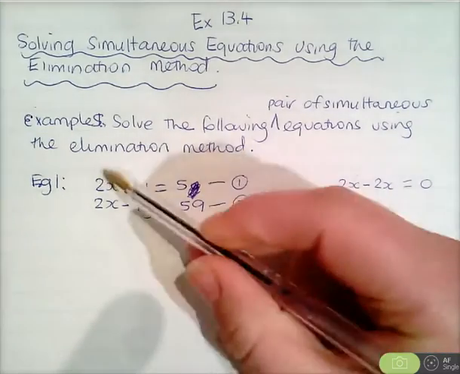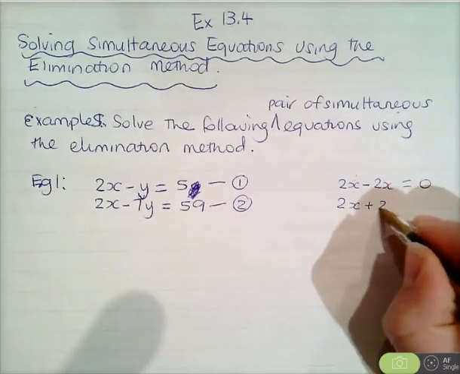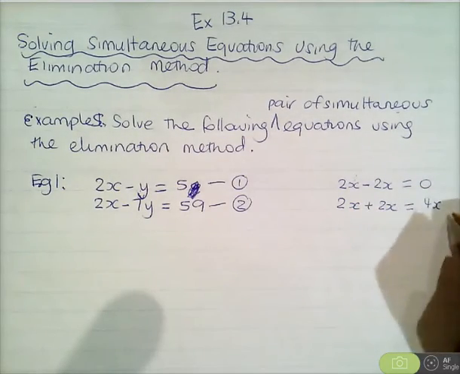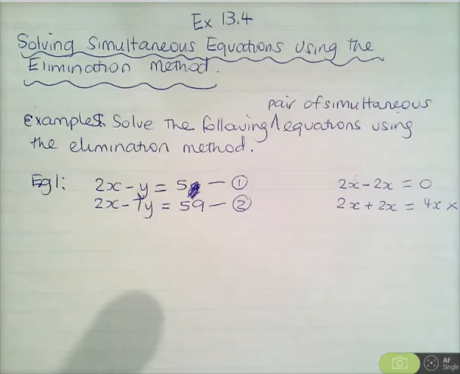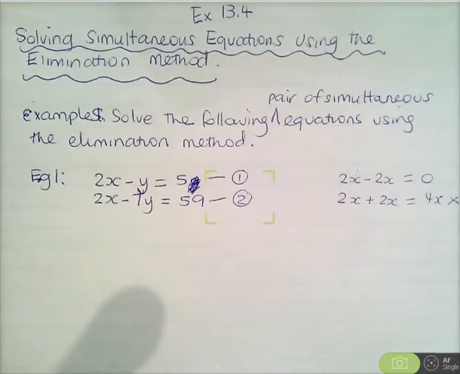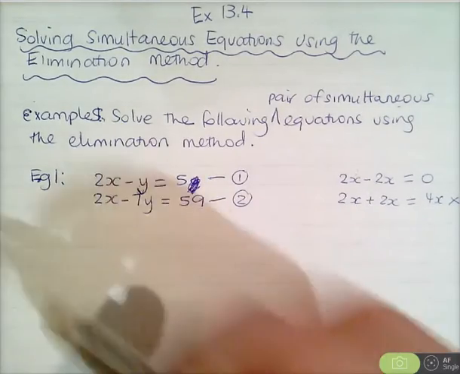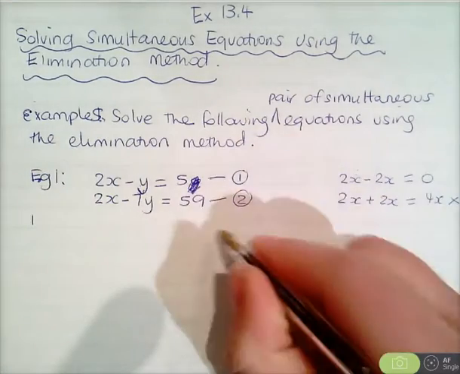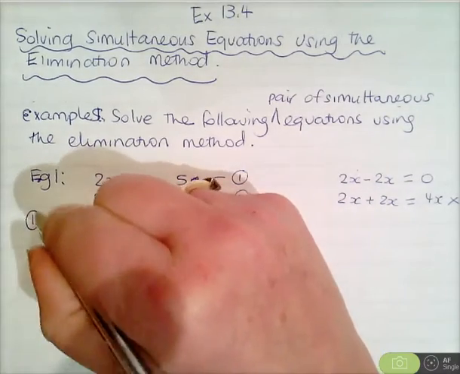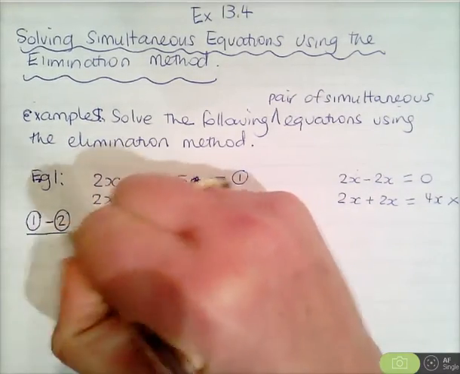But if I decided to add the two equations, and I do 2x plus 2x, for example, I will get 4x. So doing that does not eliminate the x's. So the decision here will be that I'm going to do equation 1 or equation 2 minus equation 1. It does not matter which way you do it. So I'm going to do equation 1 minus equation 2.